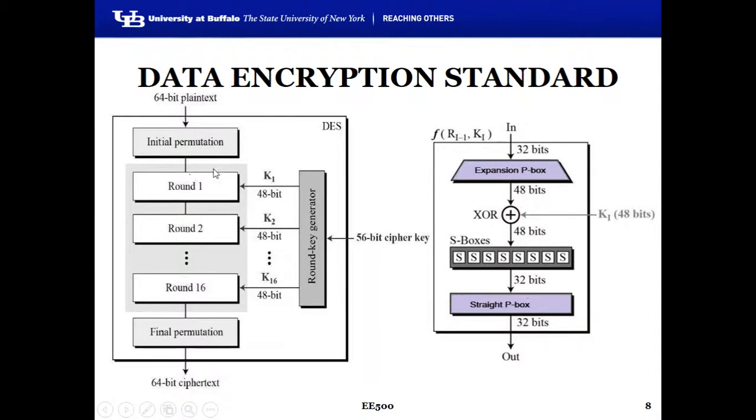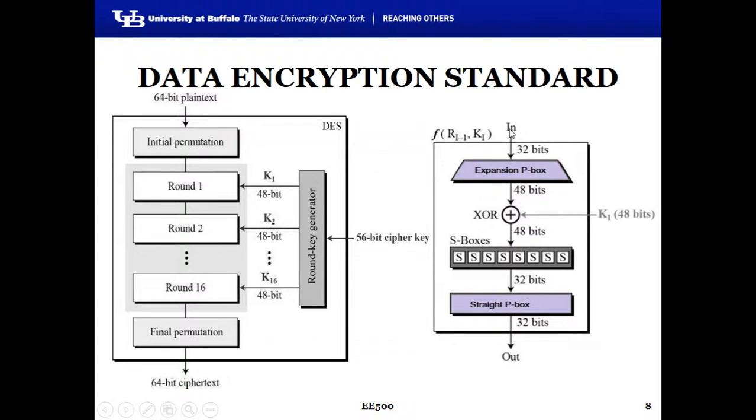So now at every round, you have your 64-bit plain text, which is divided into 32 bits, as seen. Now this is an expansion of the rounds that takes place.